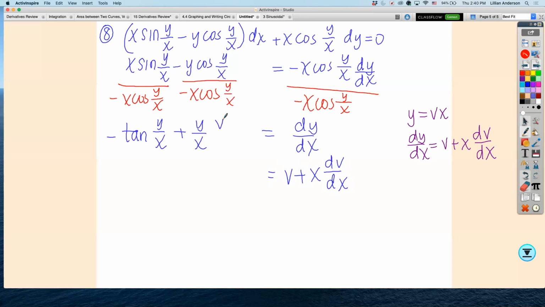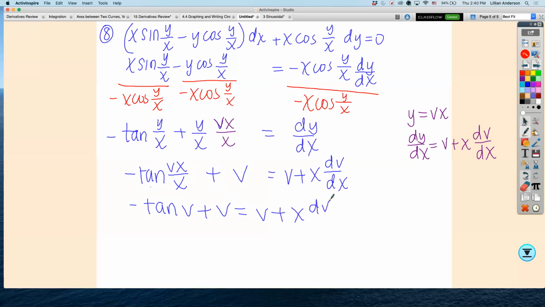This will turn into v, vx over x technically. So then that just turns into a v, right? Then over here plus negative tangent vx over x, which is just negative tan v, so v plus negative tan v equals v plus x dv over dx.